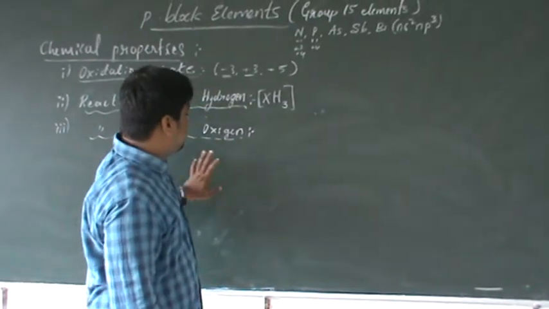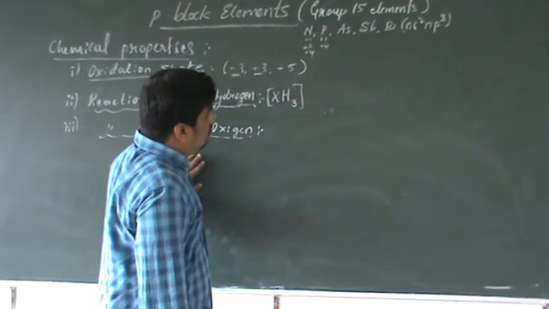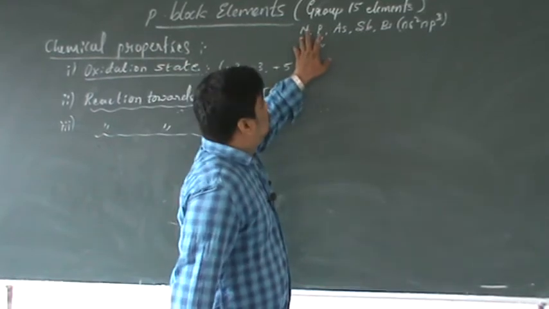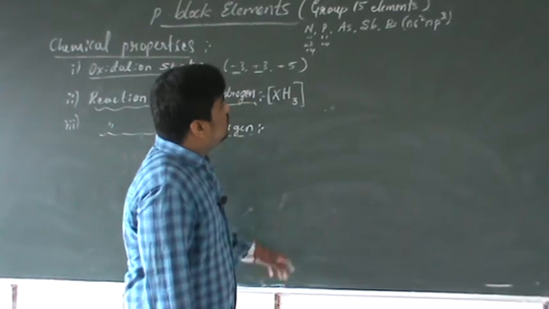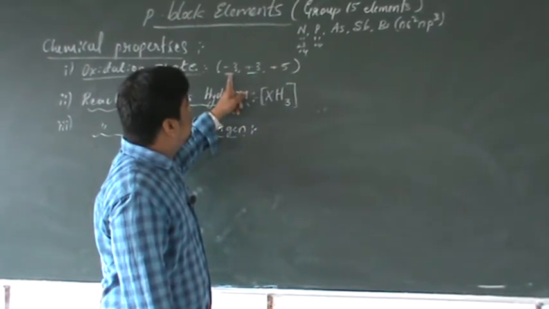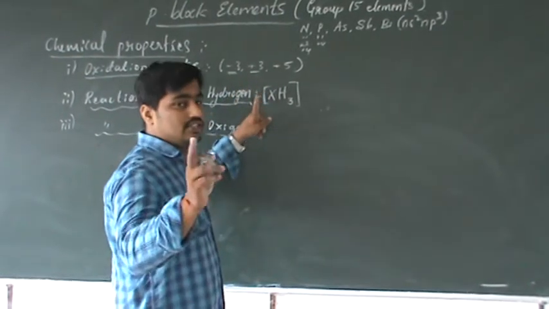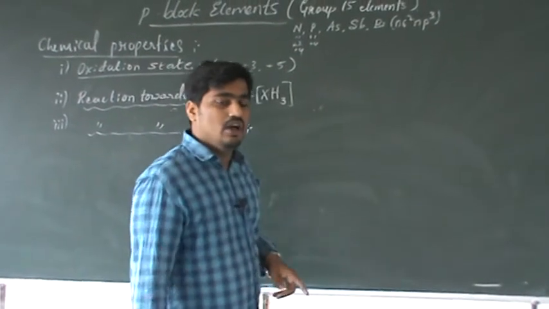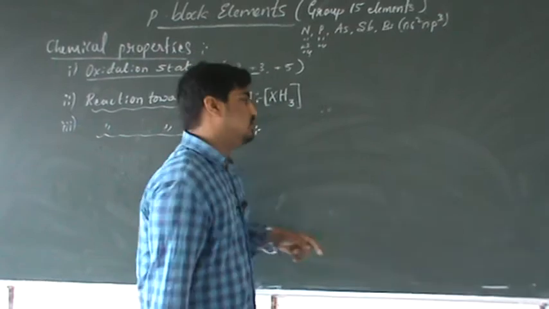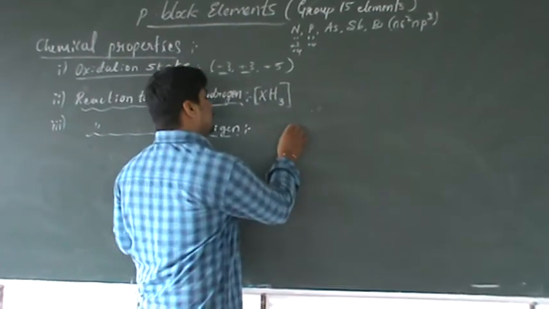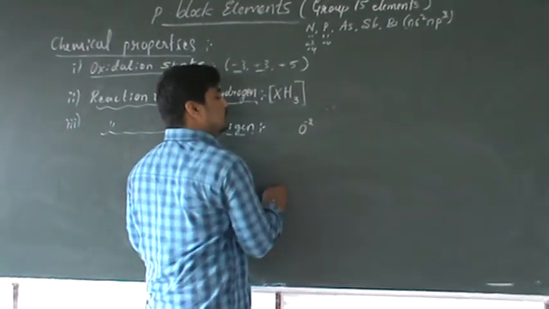What happens when oxygen reacts with group 15 elements? The oxidation state of group 15 elements is +3. The common oxidation state of oxygen is -2.